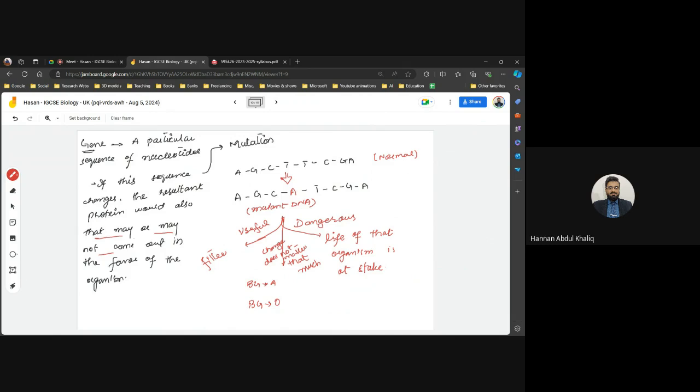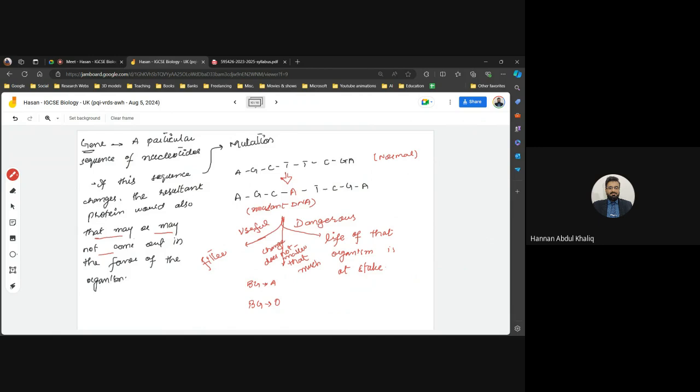On the other hand, it is not putting the life of the organism at stake. You getting it? This kind of change only brings variety. It's just a change that appears.